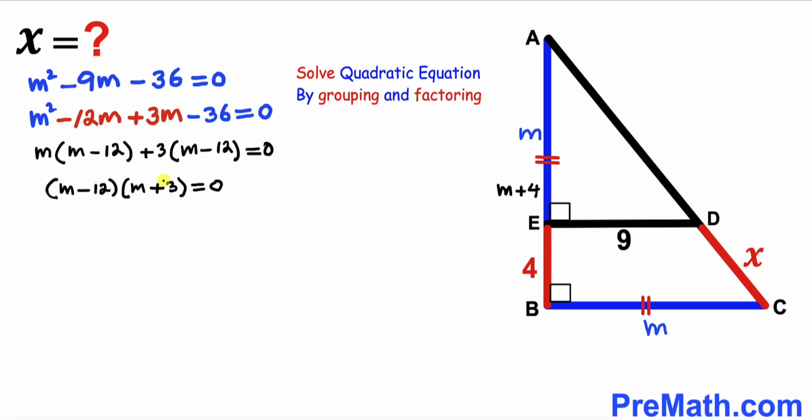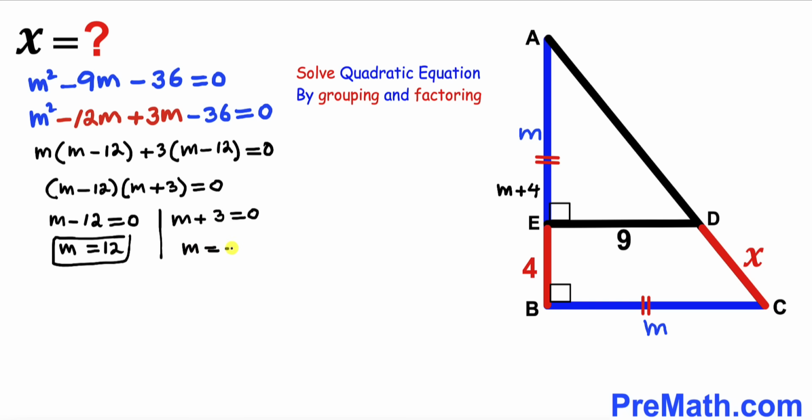We got these two factors equal to 0, so we separate them: m minus 12 equals 0, and m plus 3 equals 0. For the first equation, m is positive 12. For the second equation, m is negative 3.